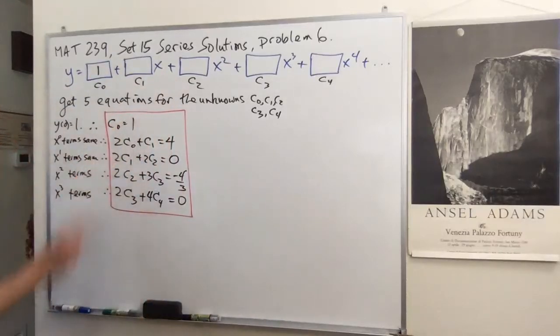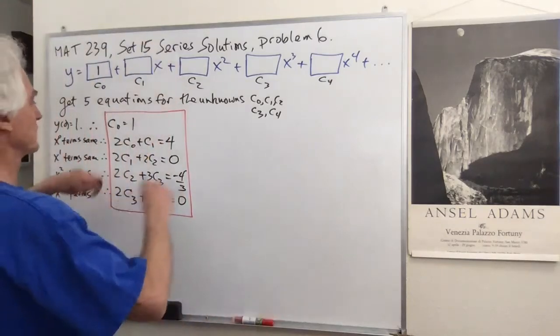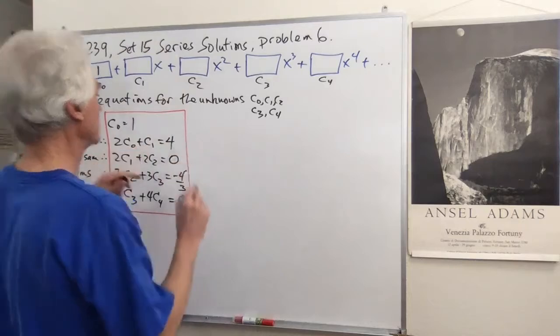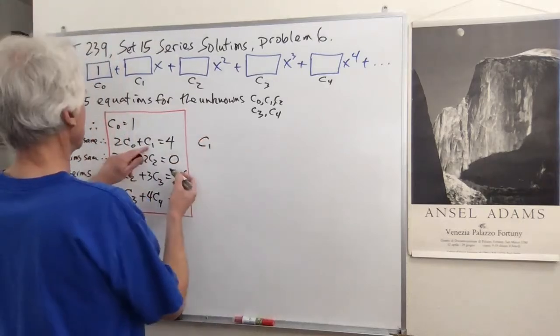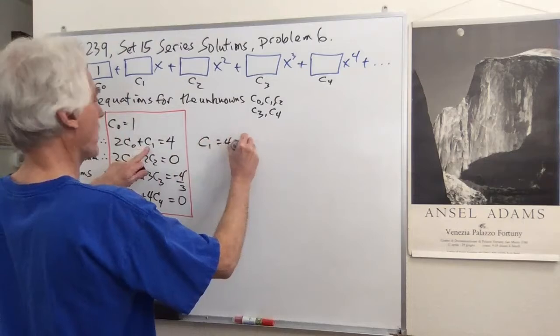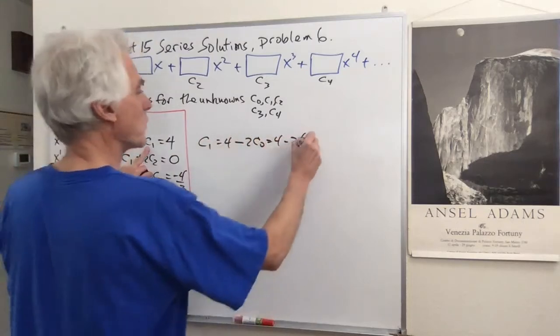First one is pretty easy. I've already filled in C0 as 1, right? So next, now we'll use this one. And this is where they say, just solve them one by one. C1 is going to be 4 minus 2C0. That's 4 minus 2 times 1.